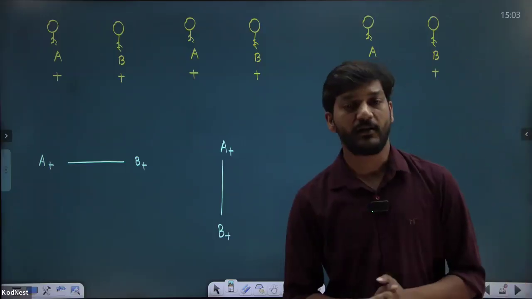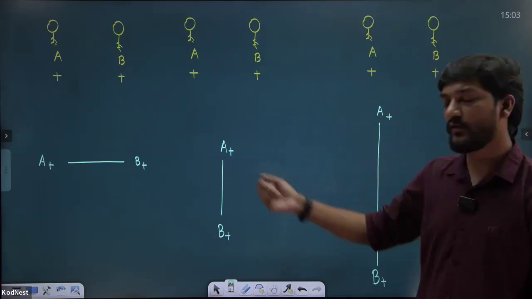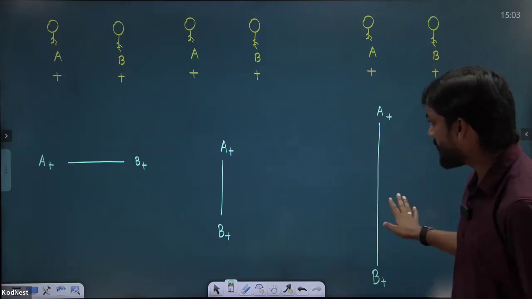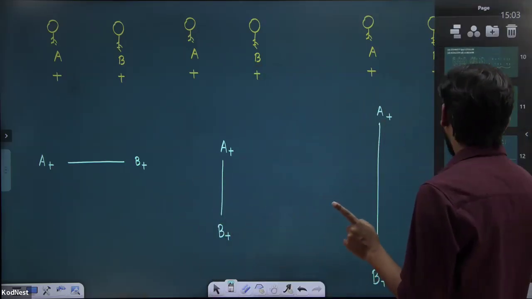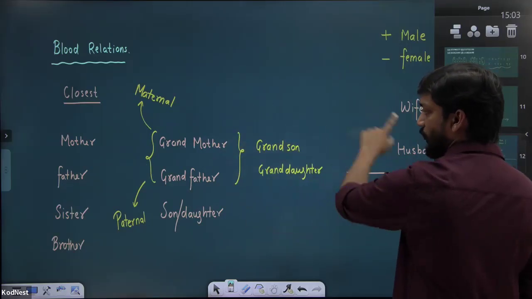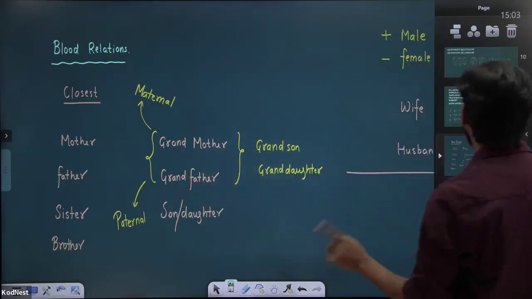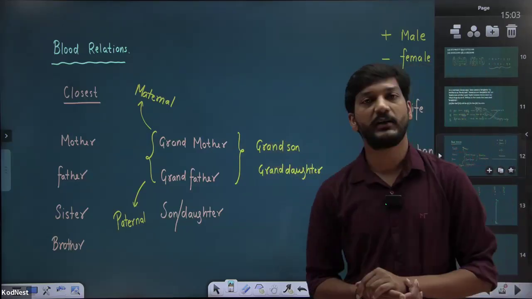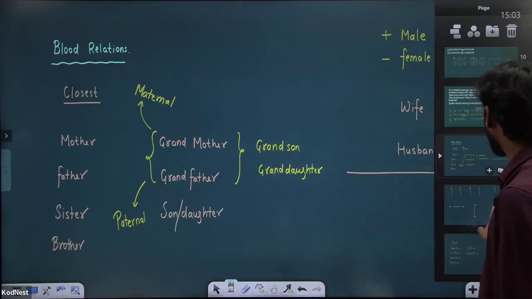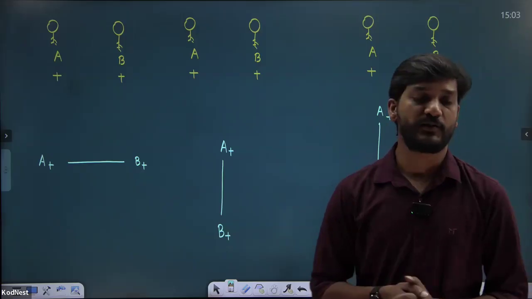So try to think what can be the meaning of that, what can be the meaning of this, and what can be the meaning of this. The relation will be any of this only. Mother, father, brother, sister. Because I've taken male person, that's why sister and grandmother, daughter, these relations will not come. So first answer. Only male relations you have to see and think.